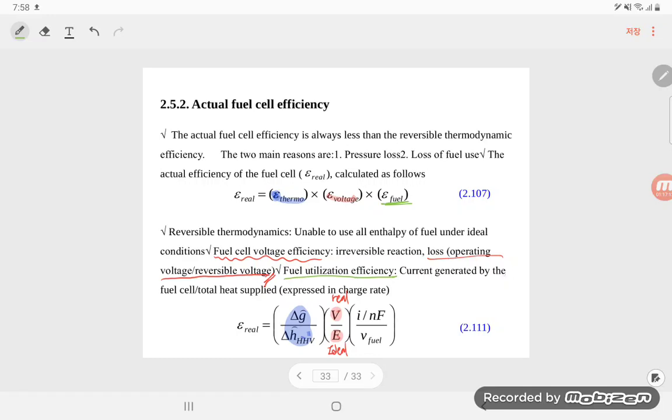So the current generated by the fuel cell and the total supplied reactant, expressed in charge rate.